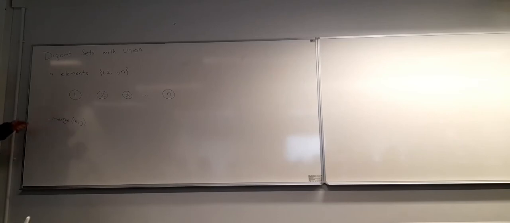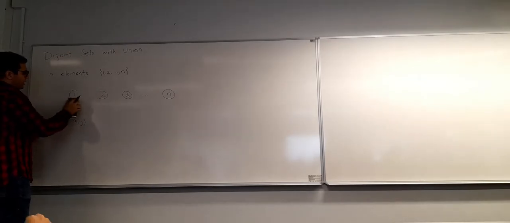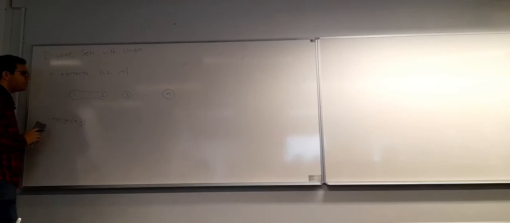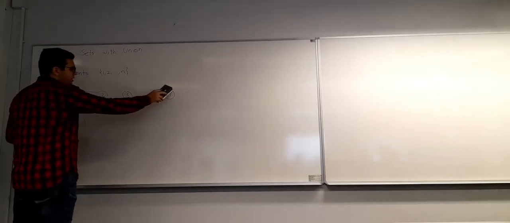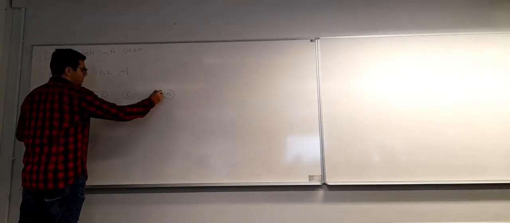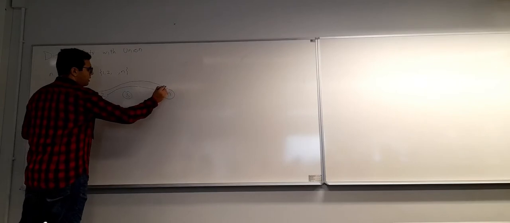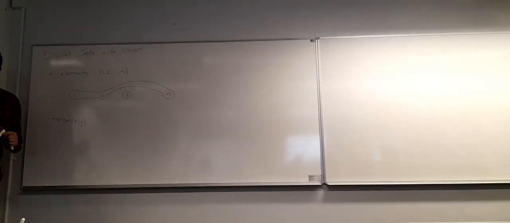For example, if I merge 1 and 2, these two sets will become one, and now I will have a larger set that contains both of them. Then if I merge 2 and n, this one also becomes part of the same set. So now 1 and n are in the same set. Okay, so our first operation is merge.